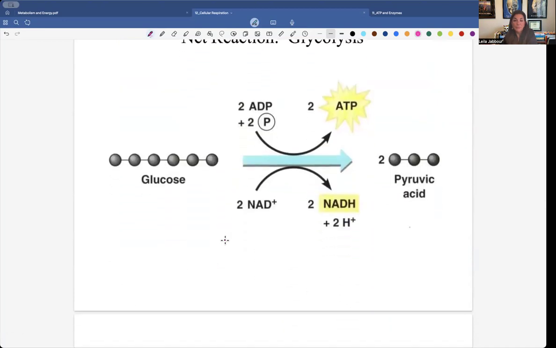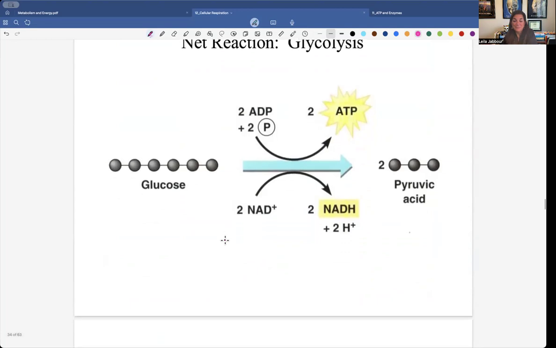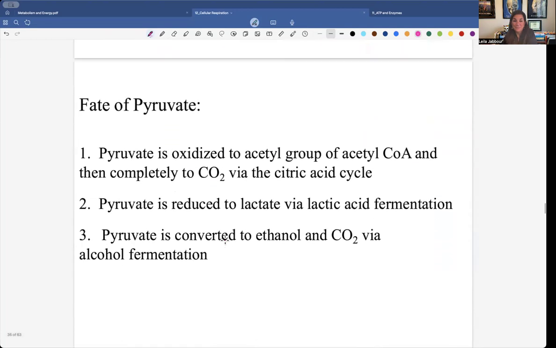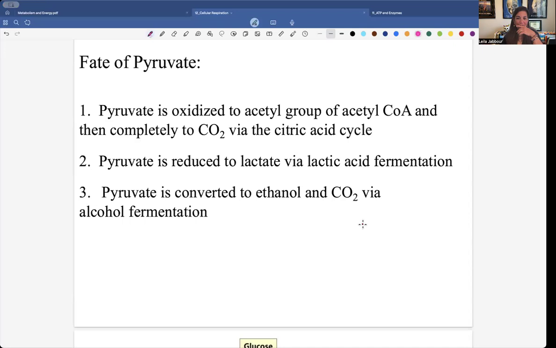So here's another kind of summary. All right, so let's see what happens to this pyruvate, the pyruvate that was generated from glycolysis. We're done with stage 1. Glycolysis is over. We end up with 2 pyruvate molecules.